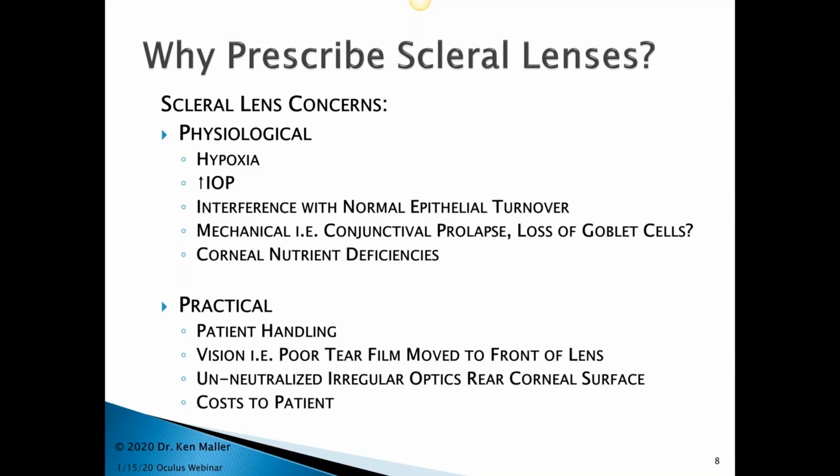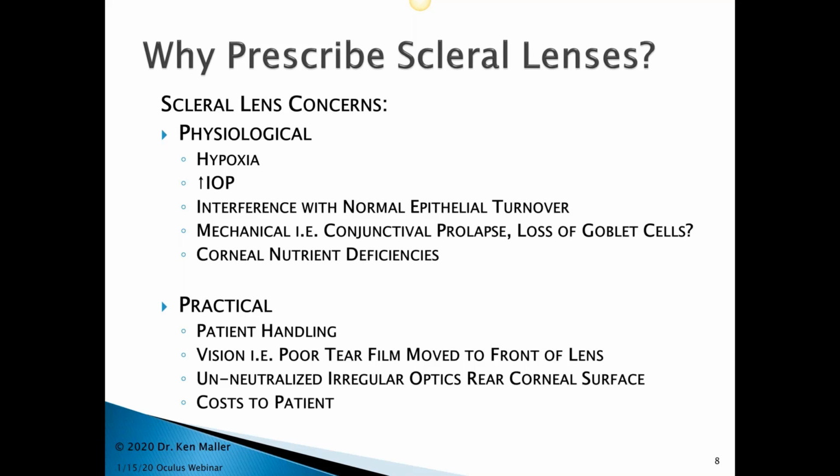We also have mechanical issues such as conjunctival prolapse and a possible loss of goblet cells, because these lenses do land on the conjunctiva and do suck on it, and there may be an actual mechanical insult to goblet cells, so that's a concern. Even on the dry eye patients, is it possible that we're fixing the symptoms and these people are much happier, but we may in fact be enhancing the problem over long periods of time, meaning years?